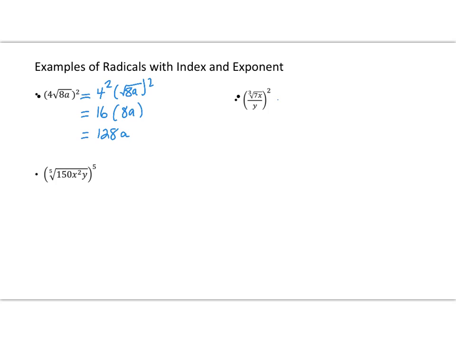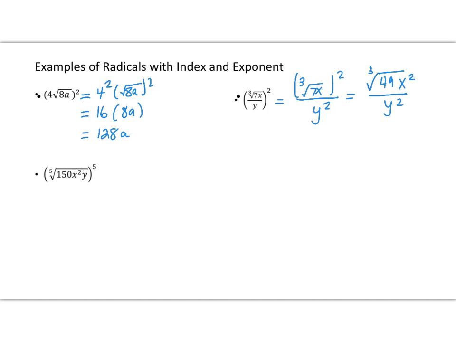In our next problem, we have the cube root of 7x, and this is squared, and then on the bottom we have y squared. This is just going to be the cube root of 49, because we're going to take the power inside, x squared, and we still have the y squared.